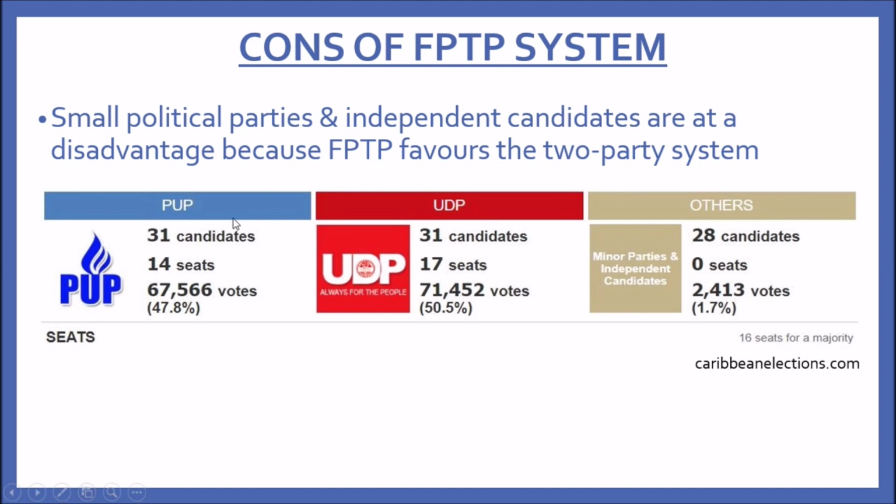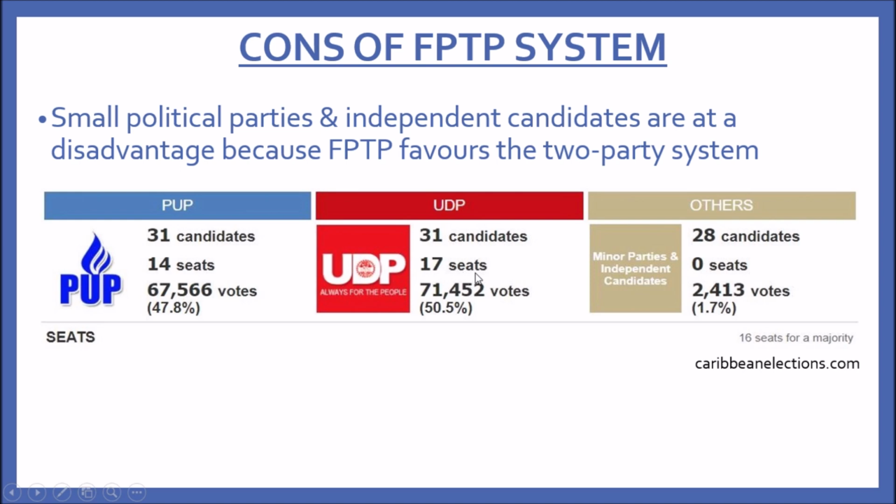The PUP, as you can see here, fielded 31 candidates, as did the UDP. It stands to reason then that the parliament in Belize consists of 31 seats. The PUP won 14 seats, while the UDP won 17 seats.